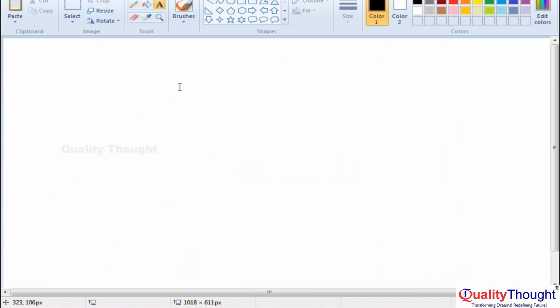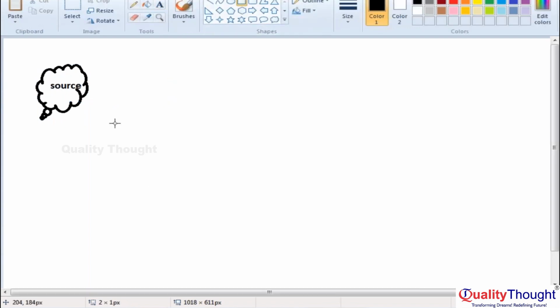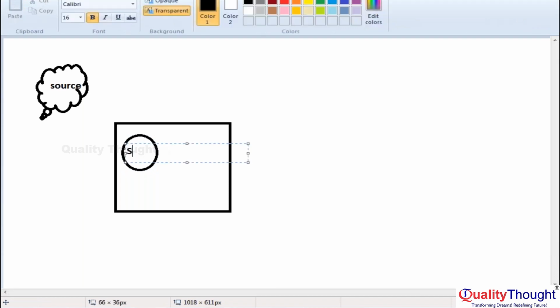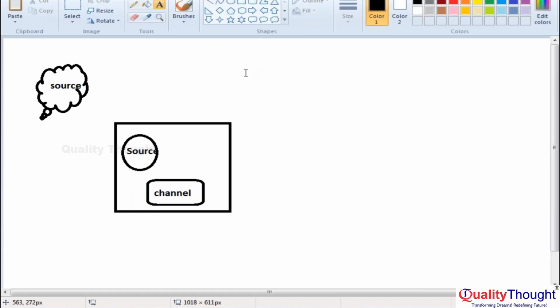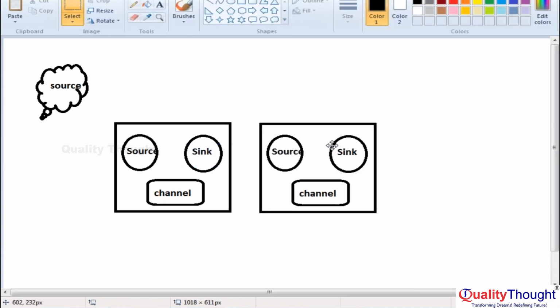Sometimes this is our source, which is generating continuous data, and we capture this source data with Flume. Flume has a source, a channel, and a sink, and the sink may feed one more Flume agent.